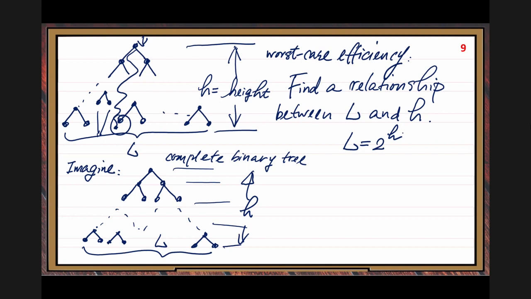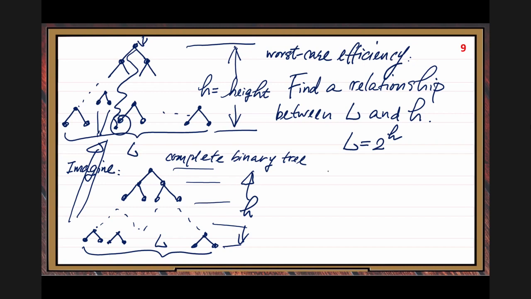Now we go back to the non-complete general binary tree. In a general binary tree we won't have as many leaf nodes, because some nodes move to upper levels, so the number of leaves is reduced.